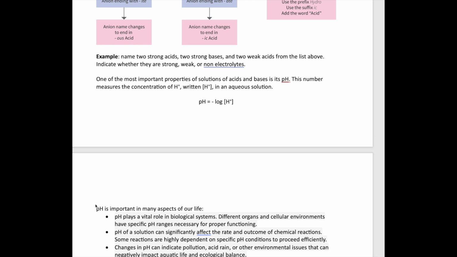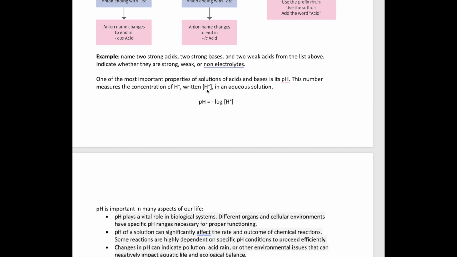Another important property of an acid-base solution is its pH. The reason this matters to us is because the concentration of the hydrogen ion, or H+, which is written with the bracket like this, that means concentration of H+, determines how reactive that acid or base solution will be.